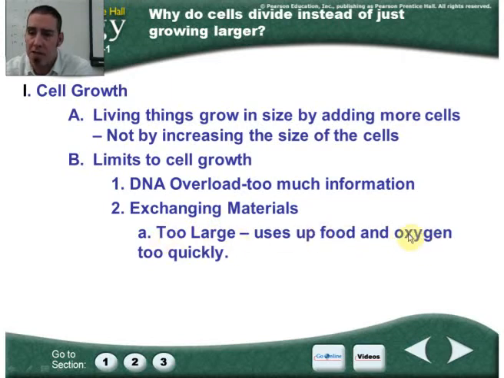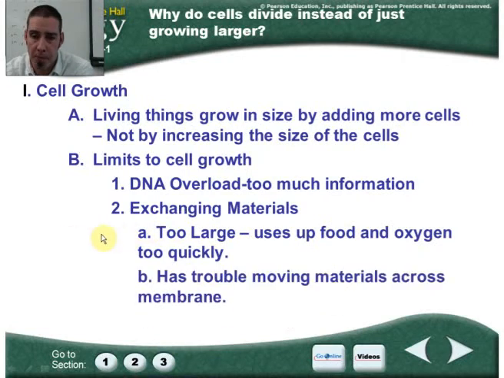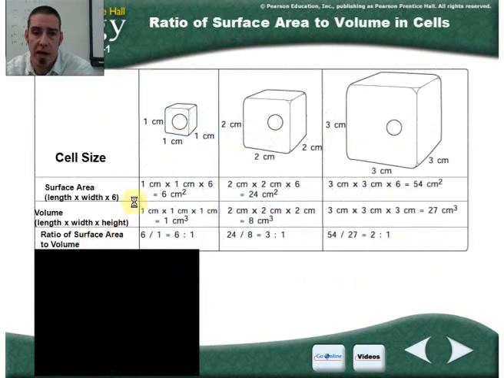We can only saturate so much oxygen into the middle of that cell at a certain rate during diffusion. Same thing goes for glucose, and then inversely getting materials out such as CO2 in our body. So it has a hard time moving these materials with free energy diffusion in most cases.